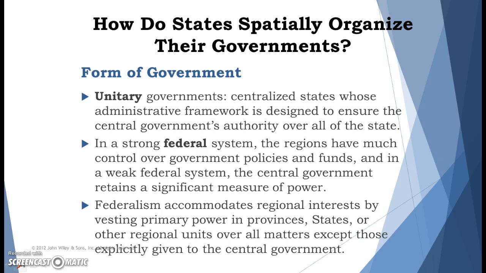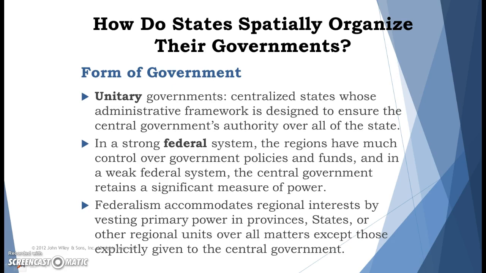It helps accommodate regional interests by keeping government close to the people. There are certain commonalities in belief that we should all share and certain common goals we should try to reach, but how Washington is going to do it is a little different than how Oregon or California will do it, or Boston or New York.